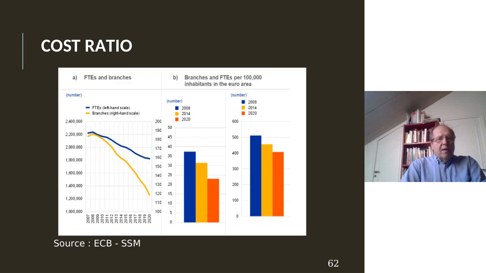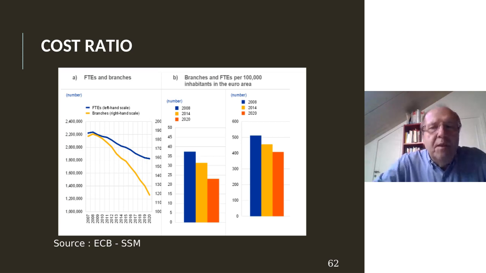This is coming from the report made by the ECB, a regulator, and they track the cost ratio, the staff, the FTE, and they look at the branch number.